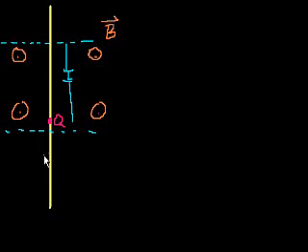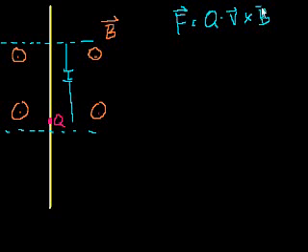So in this current formation, let's say I don't have any voltage across this wire or anything. What's going to happen? Well, if I just have a stationary charge sitting in a magnetic field, nothing really is going to happen, right? Because we know that the force due to a magnetic field is equal to the charge times the cross product of the velocity of the charge and the magnetic field.